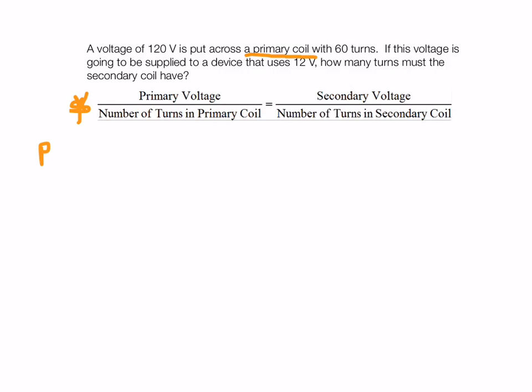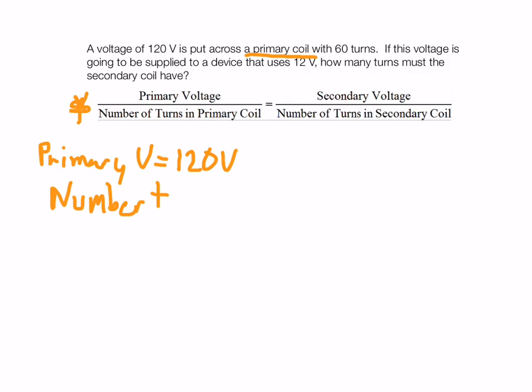So primary voltage is equal to 120 volts. The number of turns in primary is going to be equal to 60.